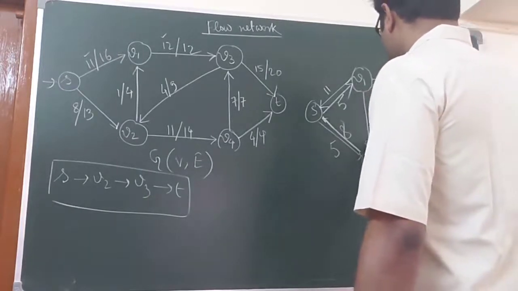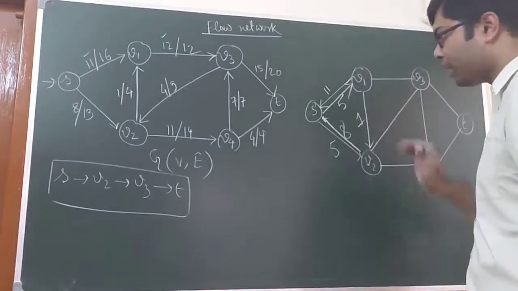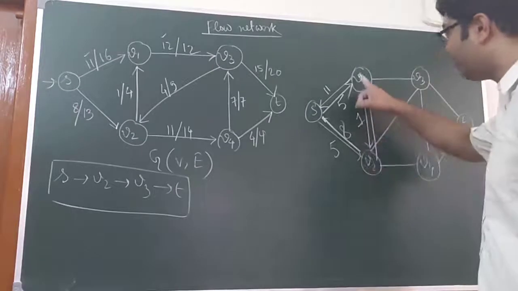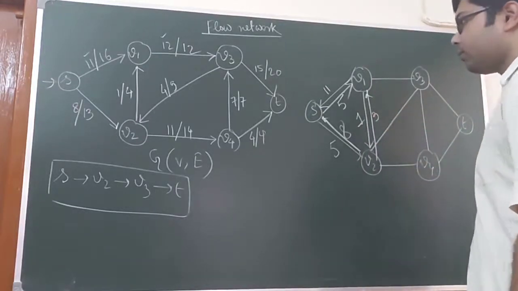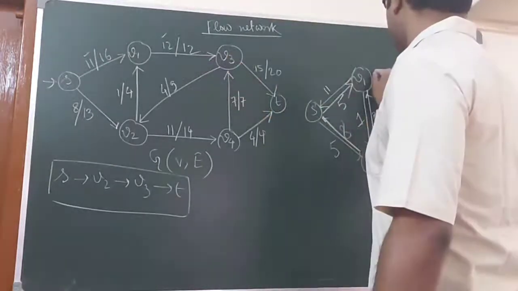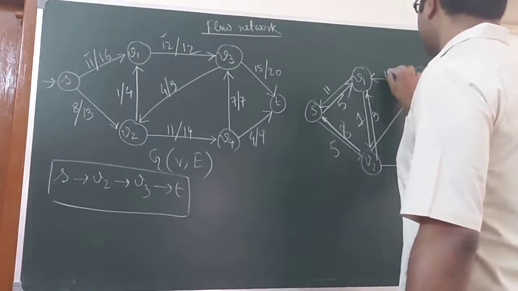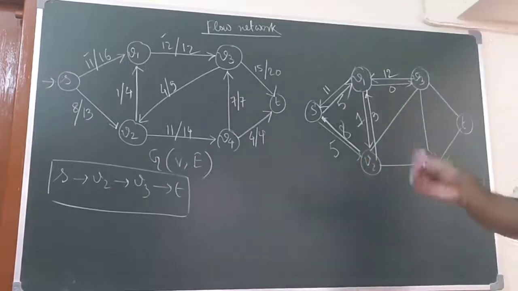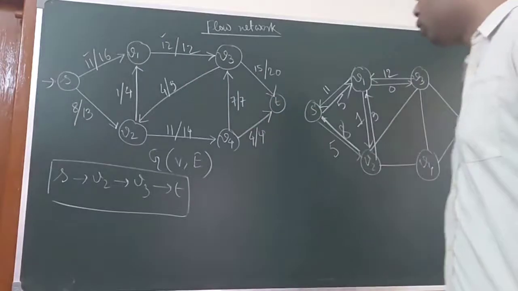So 1 is transmitted from V1 to V2 for cancellation, and we can increase the flow from V2 to V1 by 4 minus 1, that is 3. Then the flow from V3 to V1 is 12, and zero amount is to be increased from V1 to V3.